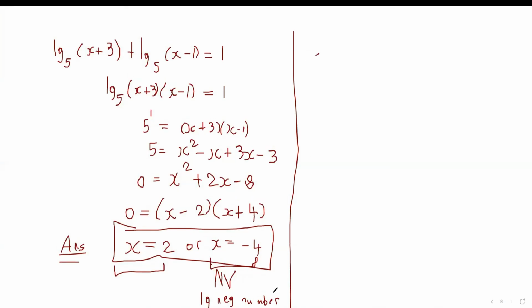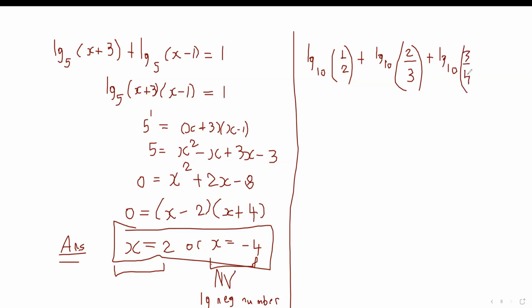I want to evaluate the log to base 10 of 1 over 2, plus log to base 10 of 2 over 3, plus log to base 10 of 3 over 4, and this is going to continue all the way up to 9 over 10.